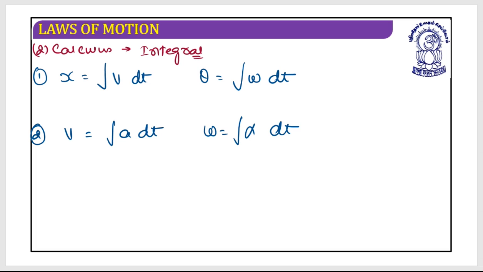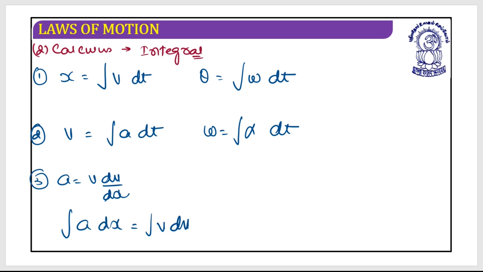We can even have these relations. We have this relation a is equal to v dv by dx, and from this, the integration of a dx could be written as the integration of v dv.